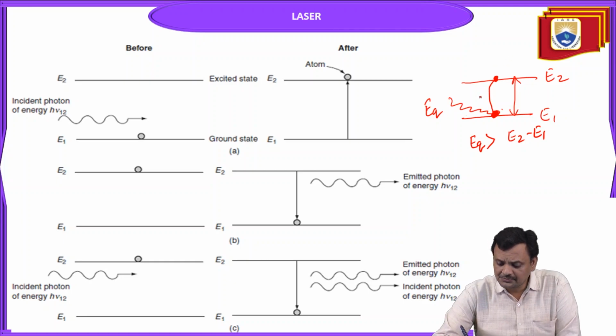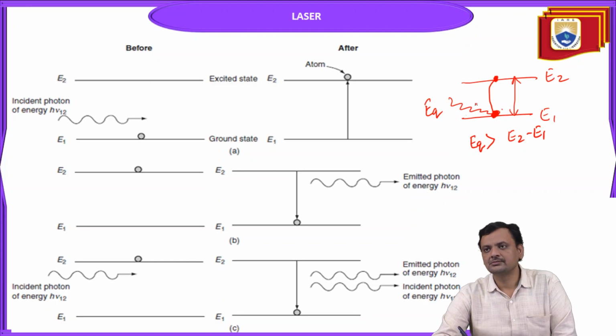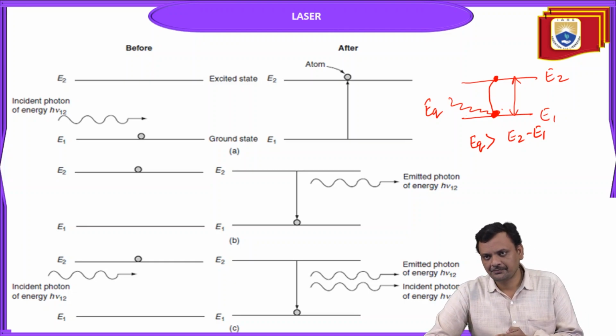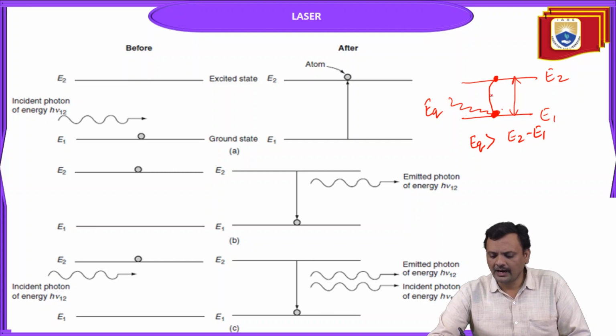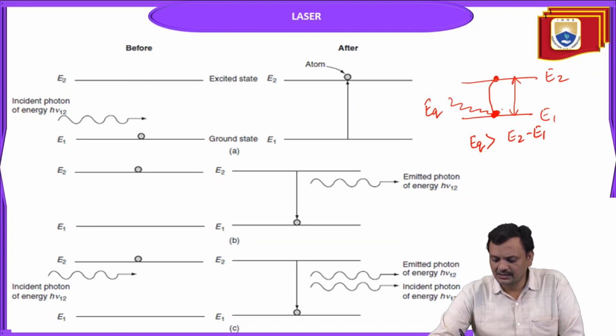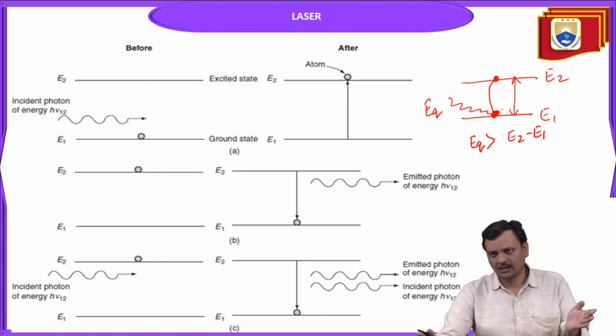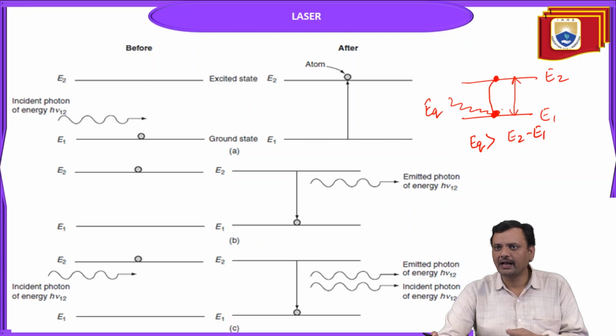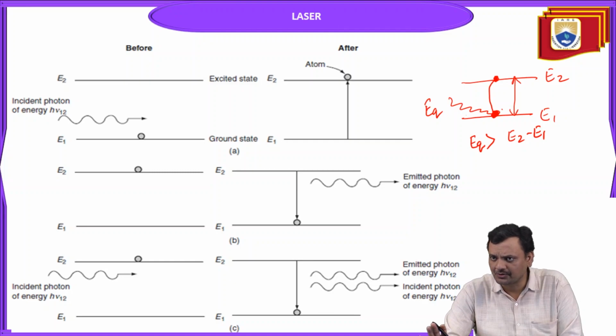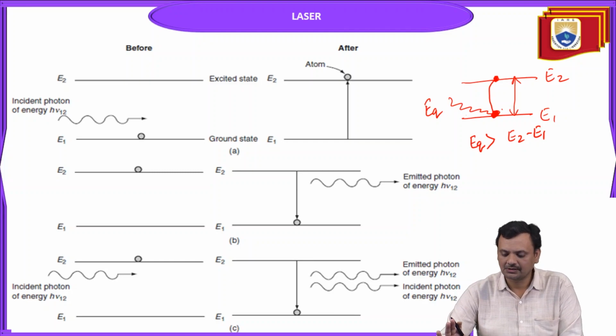This phenomenon, absorption of energy by ground state electrons and reaching the excited state, is simply known as absorption. The electron absorbs some outer energy and is excited to its higher energy level.